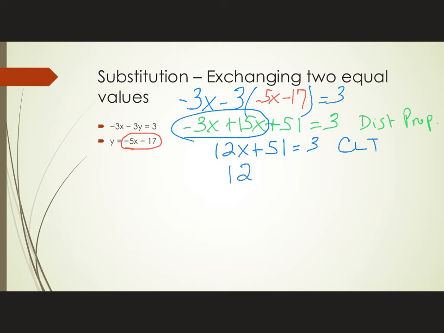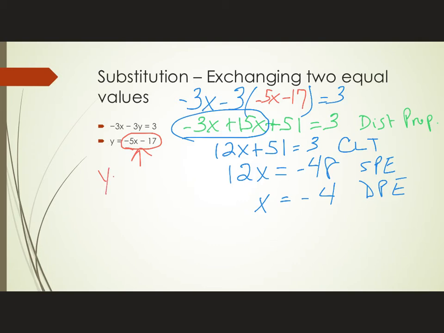That gives me 12x equals negative 48. And that was SPE. Then I'm just going to divide by 12. I get x equals negative 4. Okay, so now I have my x value. I still need my y value. So I go back to this equation.